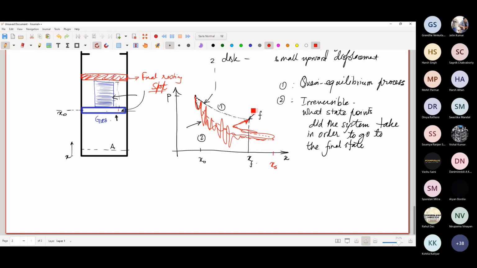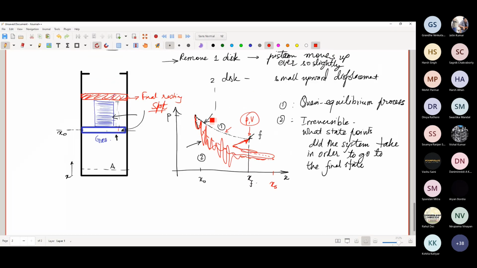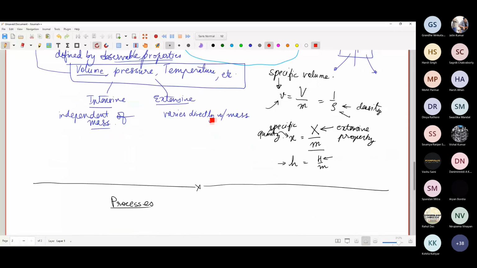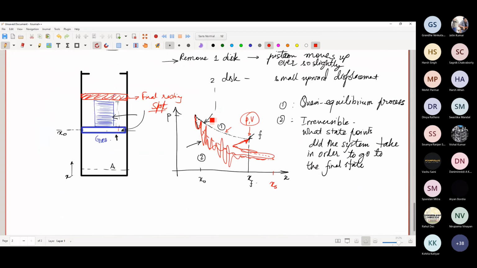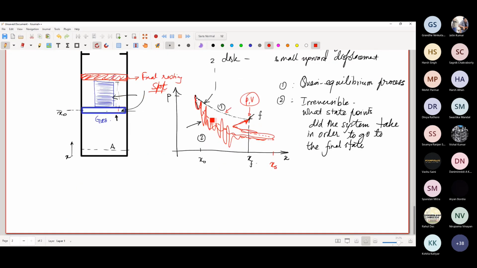So over here the pressure, volume, whatever you define, is independent of whether you took it slowly or very quickly. So what kind of properties are these? They are obviously called state properties. Do you recall such a thing, state property? Yes. State property. All right, so I guess that is it from me today.